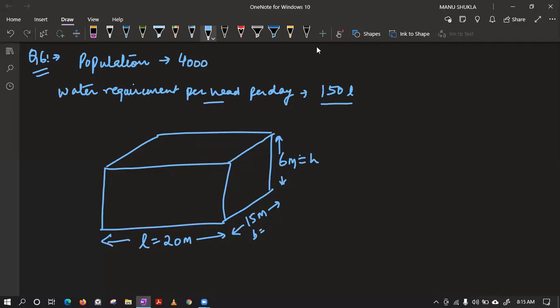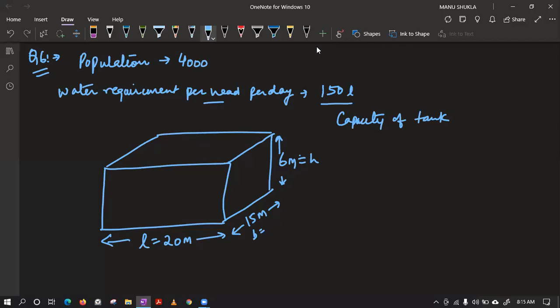Vaishnav is saying 150 into 4,000. Okay. First of all, we need to understand the total requirement of water. Or first you can find the capacity of this tank. So capacity of tank.